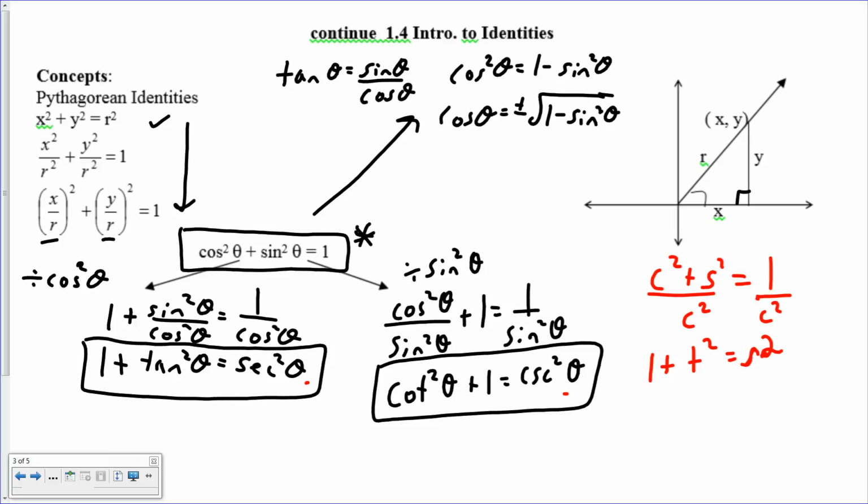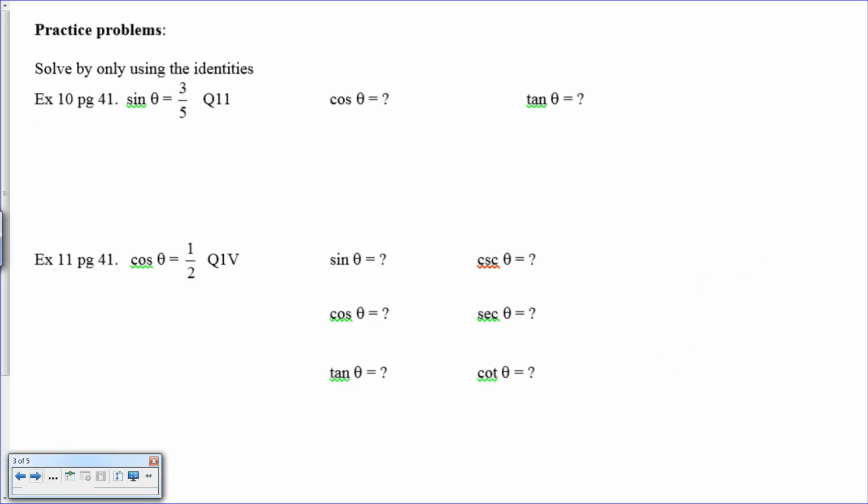And, oh yeah, by the way, one thing that you may want to remember what we covered yesterday is ASTC. I didn't really write this down before, but you could say all students take calculus, but that's somewhat boring. Instead, I will always refer to this as the Santa Claus concept. Why? Because you have Santa Claus on the bottom, the way you read it.